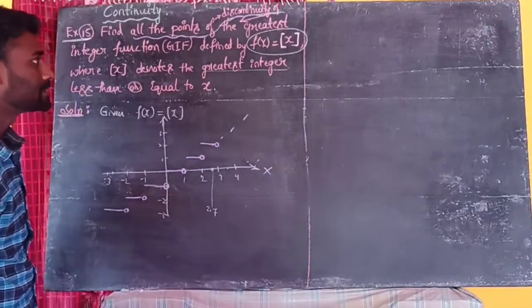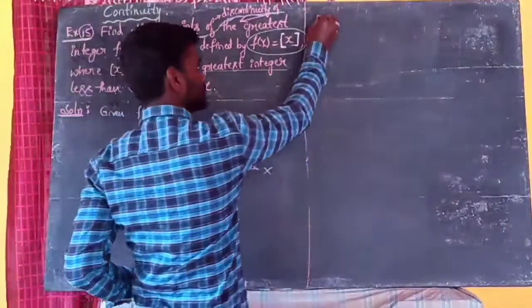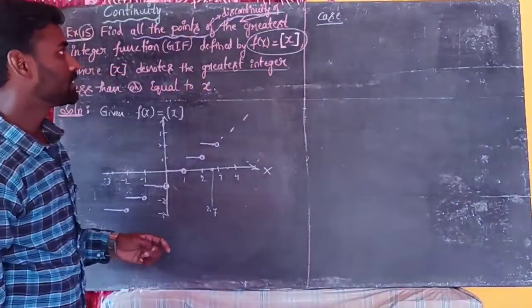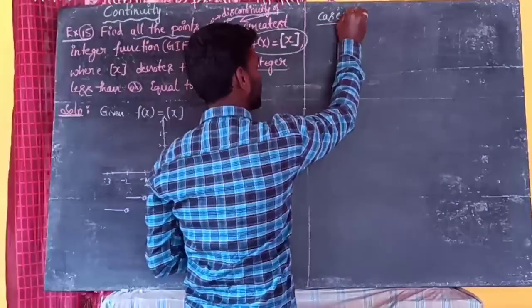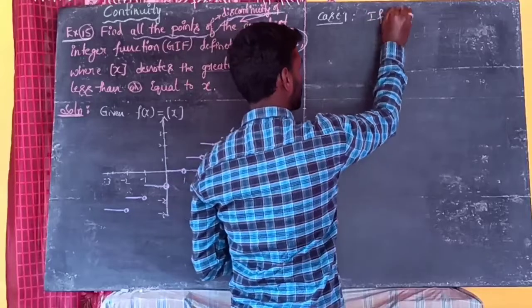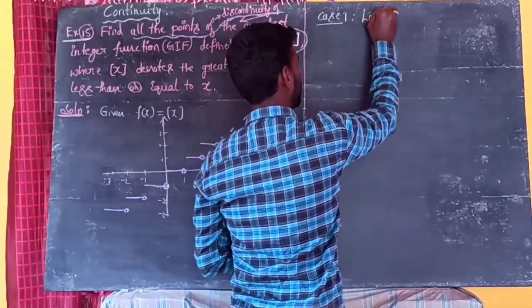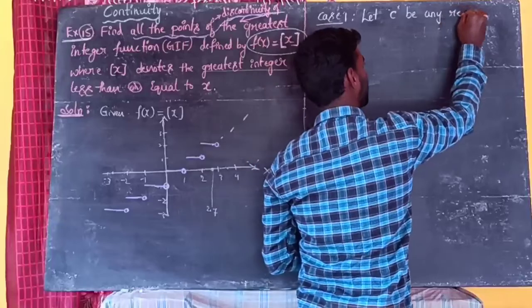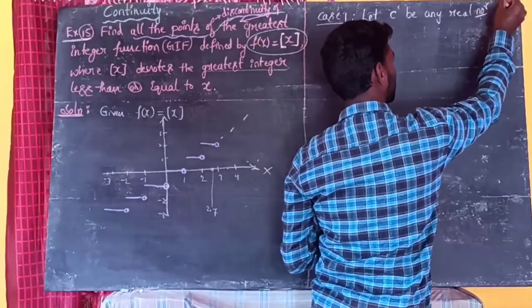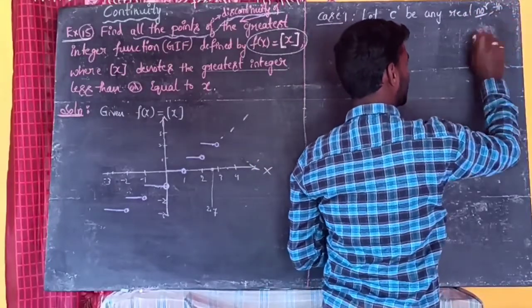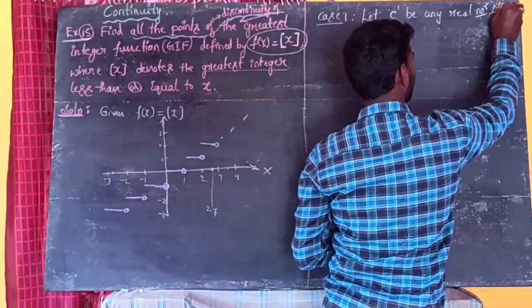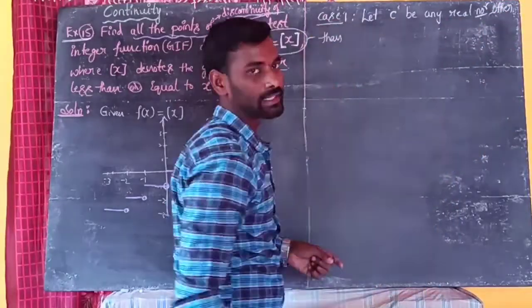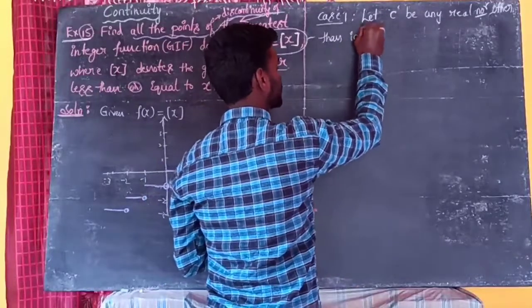Okay guys, now to check the points of discontinuity, I will consider case 1. Here observe guys, let c be any real number other than an integer.